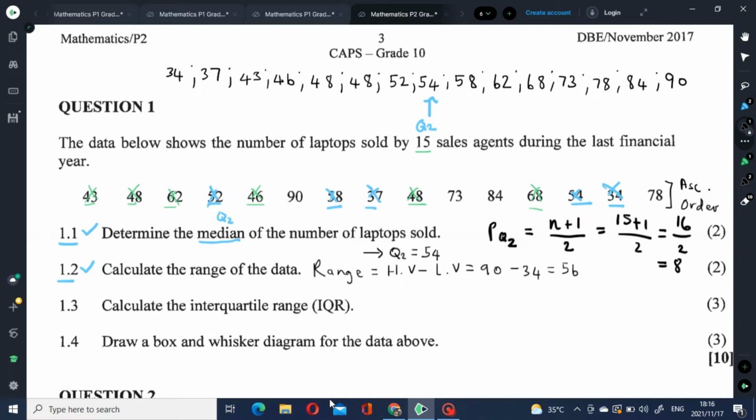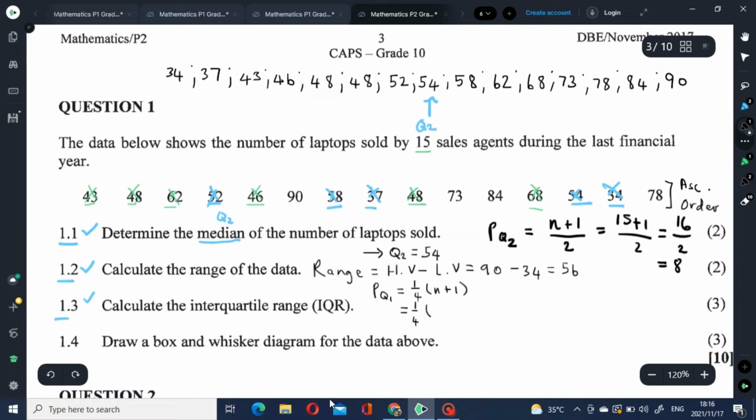In 1.3 they want us to calculate the interquartile range, IQR. That would mean we have to find the first quartile and the third quartile in the data set. There are formulas for that. The position of the first quartile is a quarter of the number of elements plus 1, which is a quarter of 15 plus 1, which is equal to a quarter of 16, and a quarter of 16 is 4.